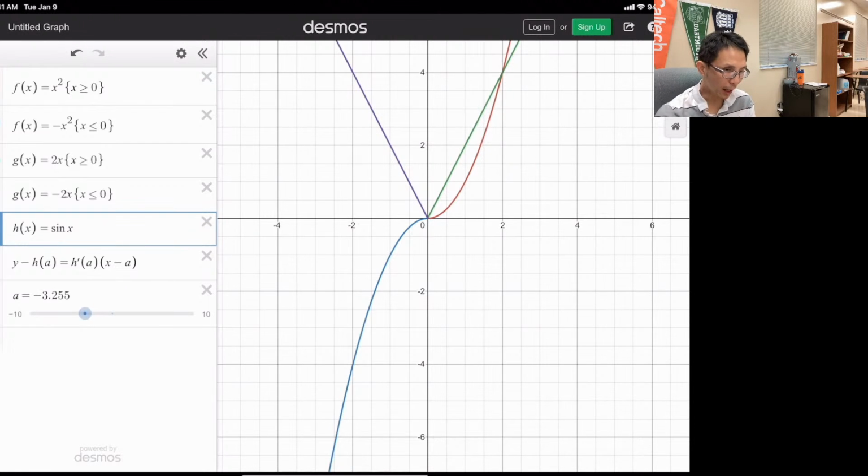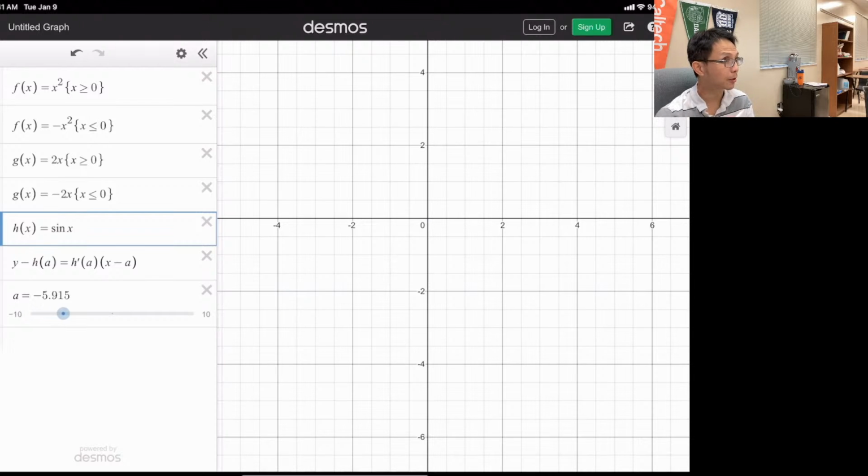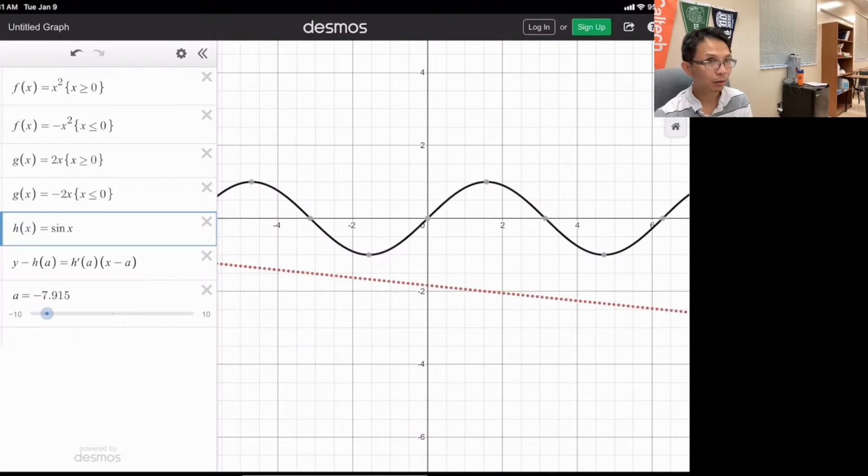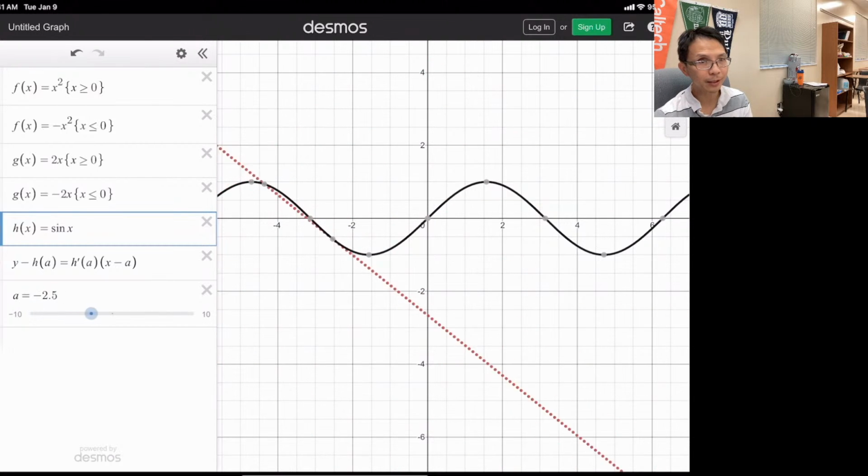And I don't think I ever got to show you the tangent line. It's very, very cool. So this is something I want to show you. It's a tangent line. Do you see the concavity change when I go to the zeros?